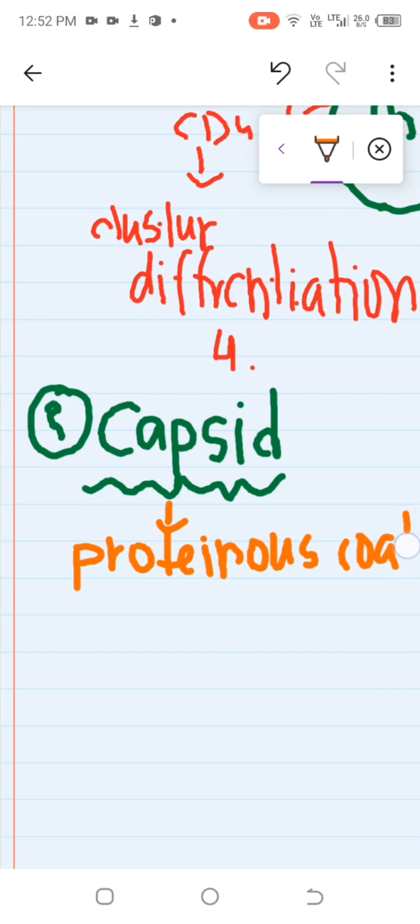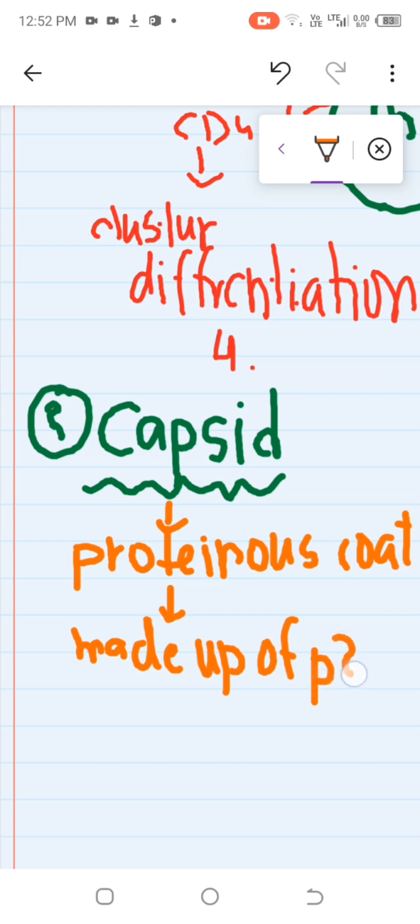This capsid is a proteinaceous coat, which is made up of P24, not a glycoprotein but a simple protein, p24. It includes two identical strands of RNA. The HIV virus contains two identical strands of RNA.